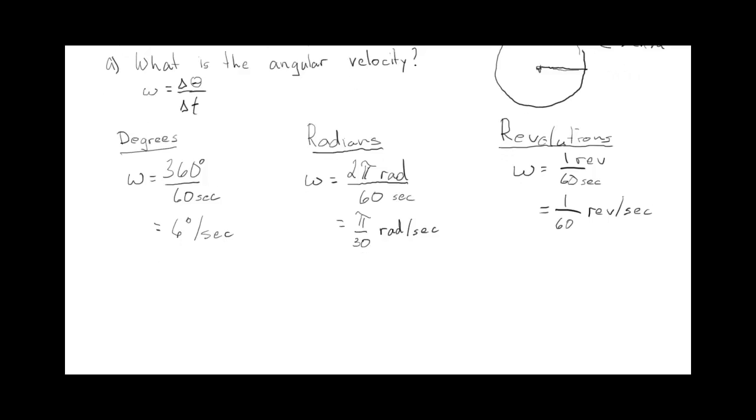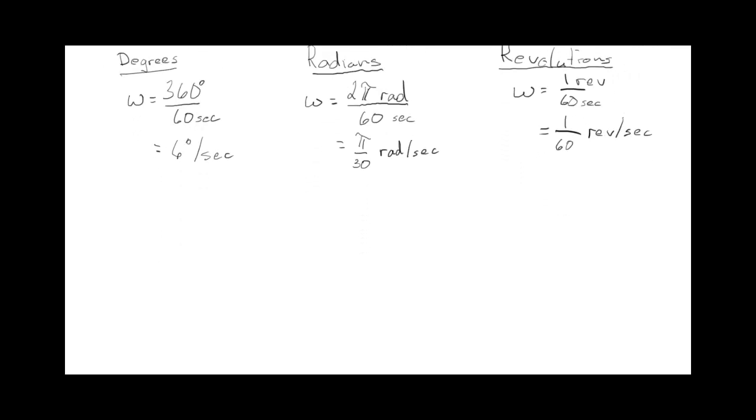So that's angular velocity. Let's compare this to the linear velocity. What is the linear velocity of this car traveling around a circle? Remember, we had this circular track and the car is traveling around it.